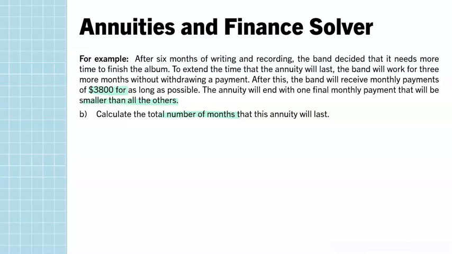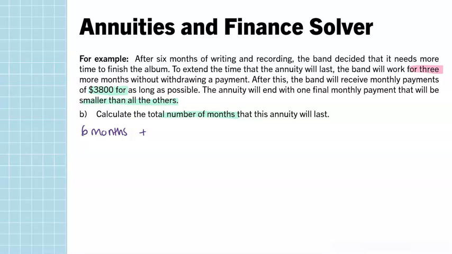So we need to consider what has happened before we start looking at how much longer the annuity will work for. So we already had 6 months with the previous Part A of payments at $3,000. Then we had 3 months.